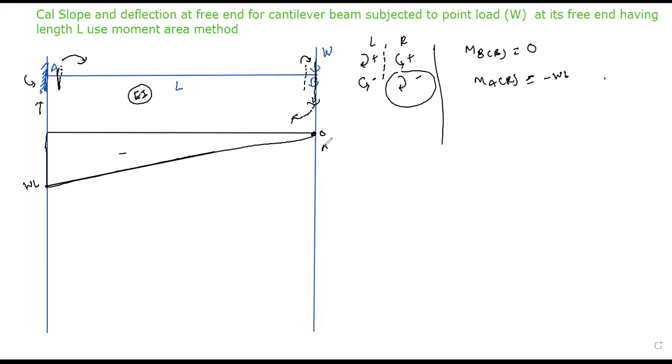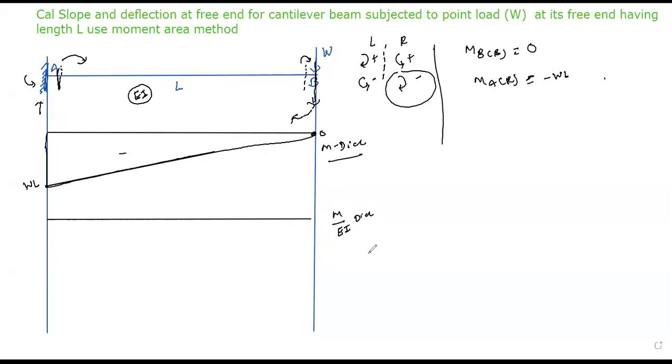Now, this is your M diagram. Everybody with me? Please confirm me. Now let me draw. As per our theorem, we need to calculate the M divided by EI diagram. Yes or no?